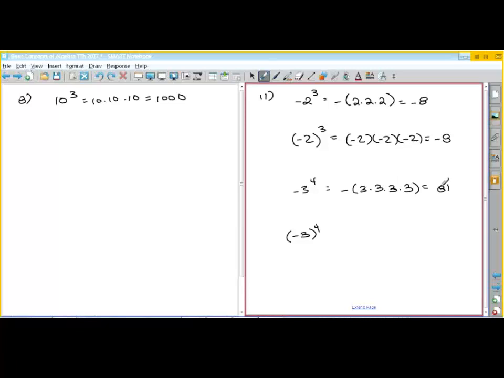So 3 times 3 times 3 times 3 is 81, and then we take the negative of that. Whereas in this case, you have negative 3 times negative 3 times negative 3 times negative 3. So 3 times 3 times 3 times 3 is still 81, but a negative times a negative is a positive, and a negative times a negative is a positive, so this ends up being positive 81.